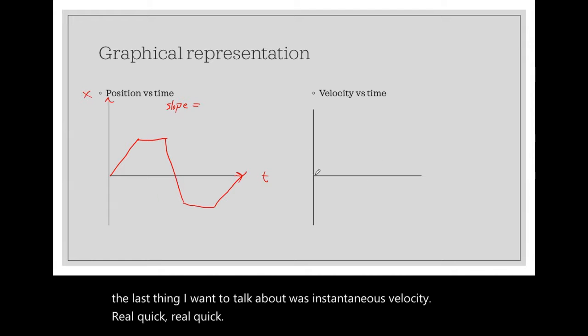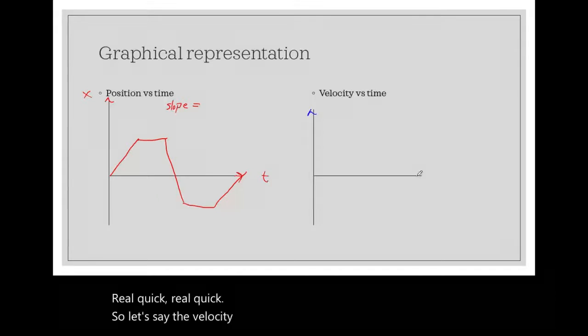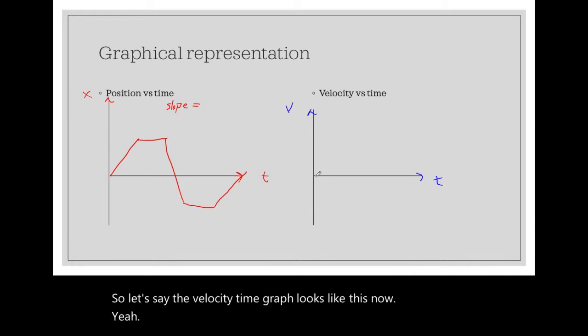So let's say the velocity time graph looks like this now. Let's say the velocity time graph looks like that.